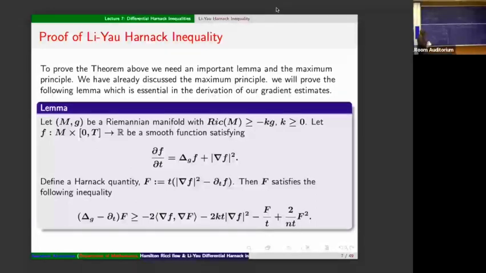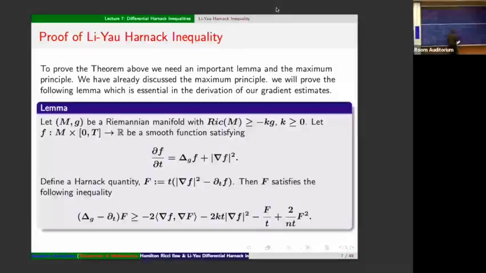With that, the gradient is 0, this is less than 0, and this one is greater than 0. From here, we see that 0 is greater or equals to minus c of this f at the point x naught, t naught. So at maximum points, this is what you have. Maybe I should add this here so that it will be clear.